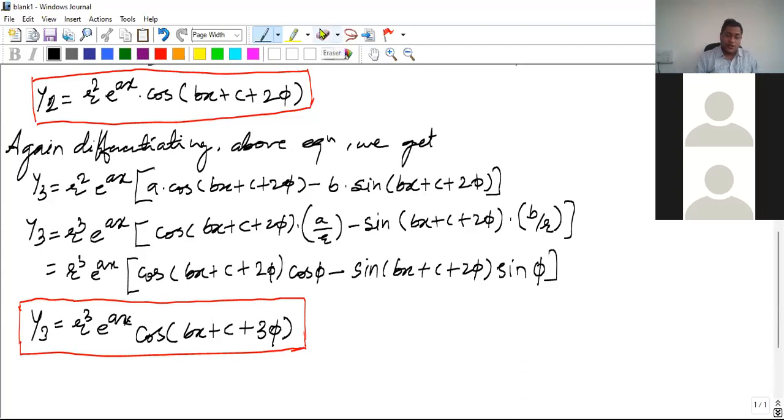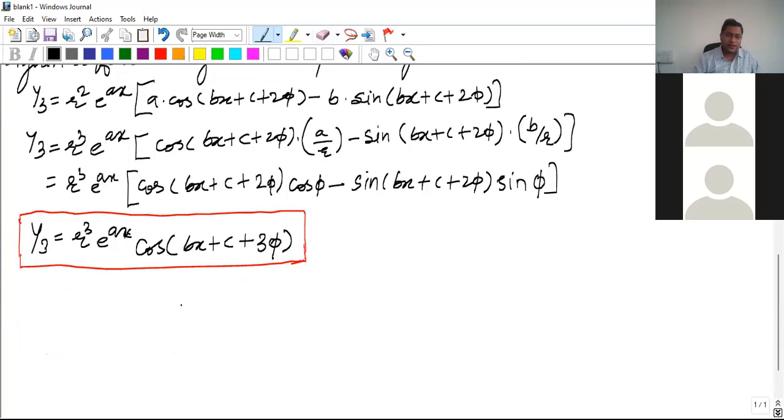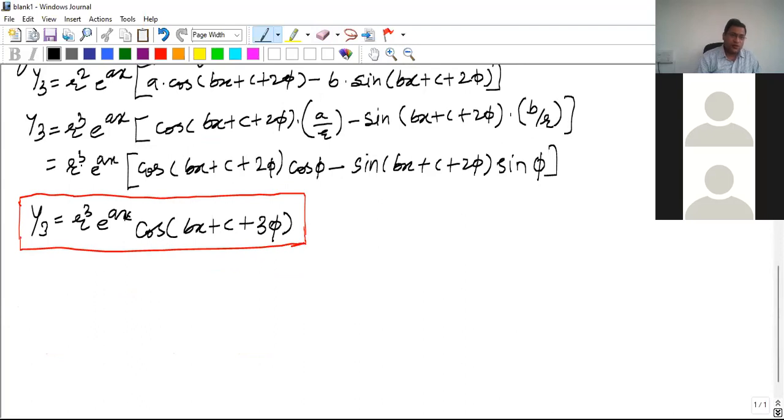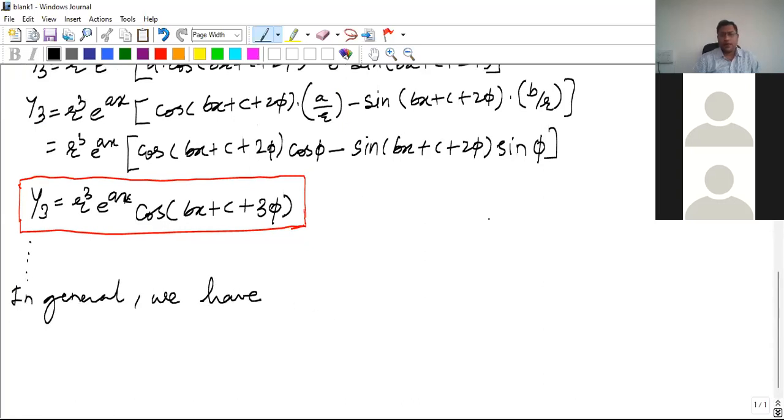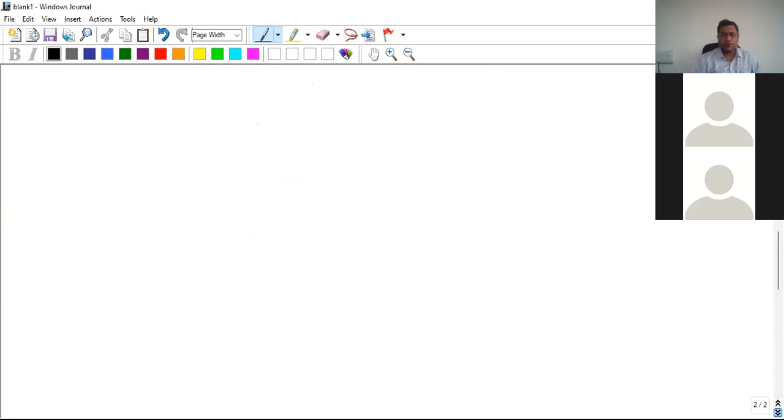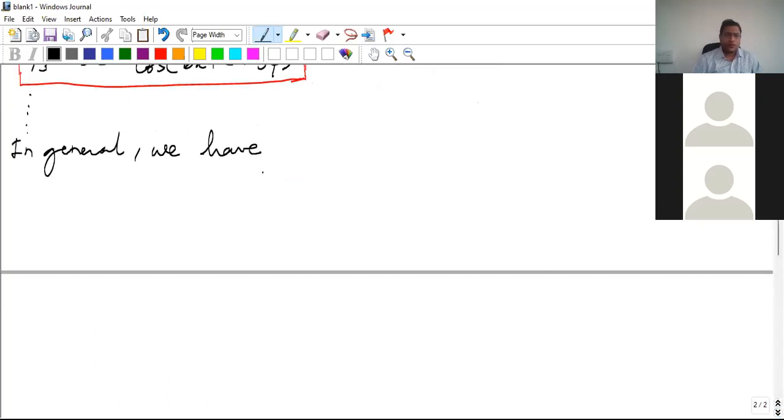So if we want to generalize this, what will happen if we go on taking derivatives in this way? In general, yn is equal to r raised to n, just see this and check that you get it correct.